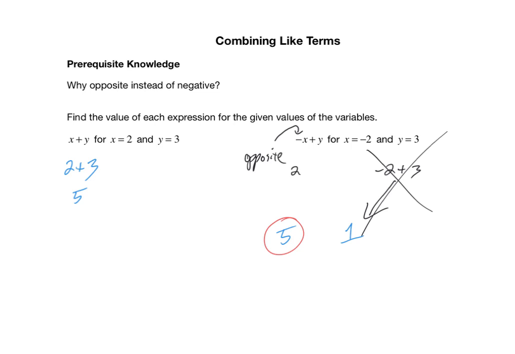So you end up with positive 2, and then you need to add on y or add on 3. So we add 3 to that, which then actually gives us 5. And this is actually the correct route. So in this scenario, we considered the opposite of negative 2 to be positive 2. Let's dive in a little bit deeper and in general define what we mean by the opposite of a number.